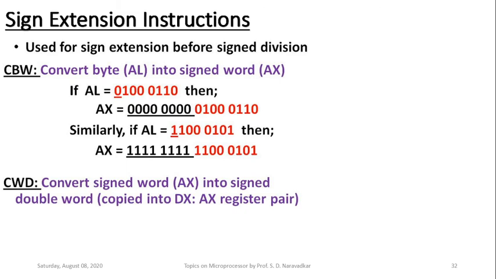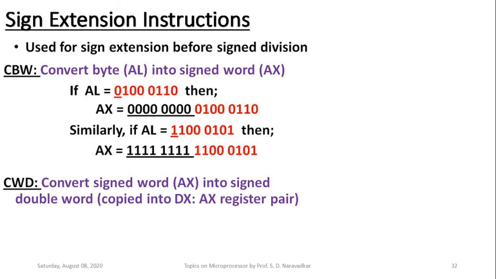Similarly, in the case of CWD, directly 16 bit divided by 16 bit is not possible. But whenever 16 bit contents of the AX register are available, subsequently we write the CWD instruction, and the contents of the AX register will be converted to a signed double word. It is copied to the DX AX register pair, and these 32 bit contents will be divided by 16 bit, and then it will generate two 16 bit results.